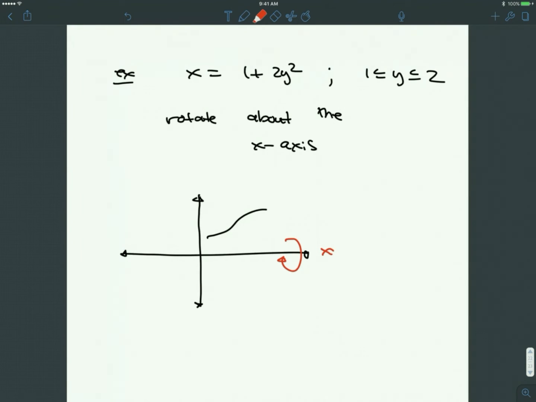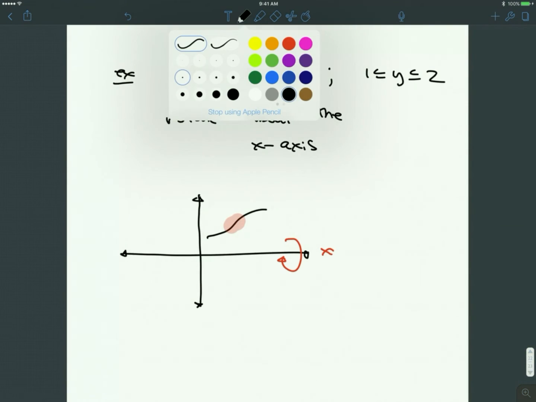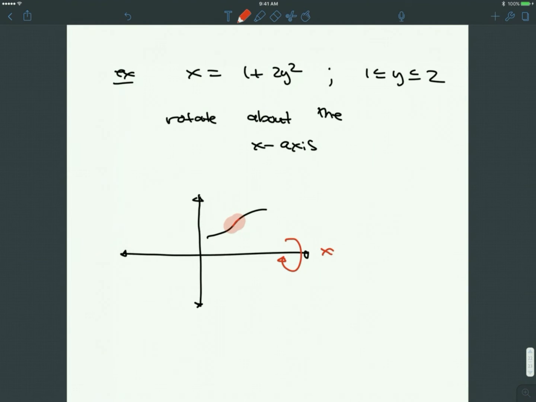we need that strip, the ds. So if this is that length ds here, here's my ds. We're again going to get this rubber band here over that ds.